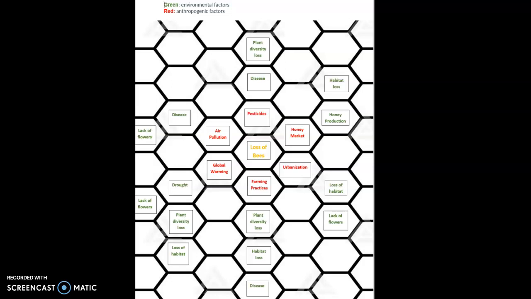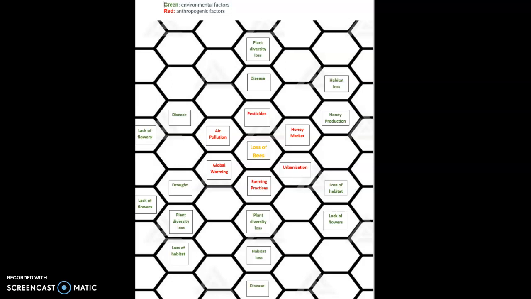Now, I listed them after the anthropogenic factors because I felt that these environmental factors are a result of the anthropogenic factors, but also noted these factors can also occur through ways that aren't from humans.